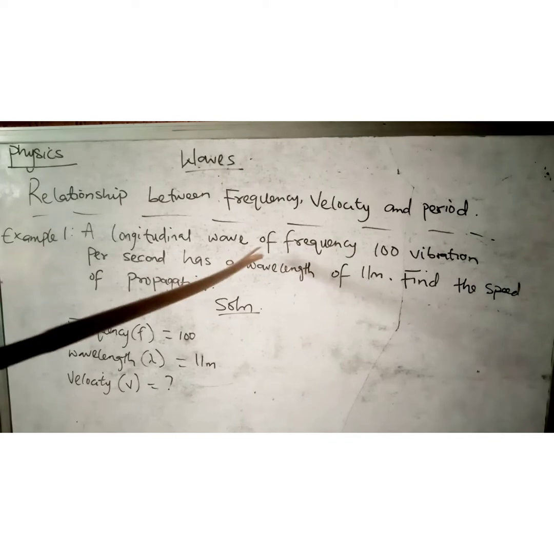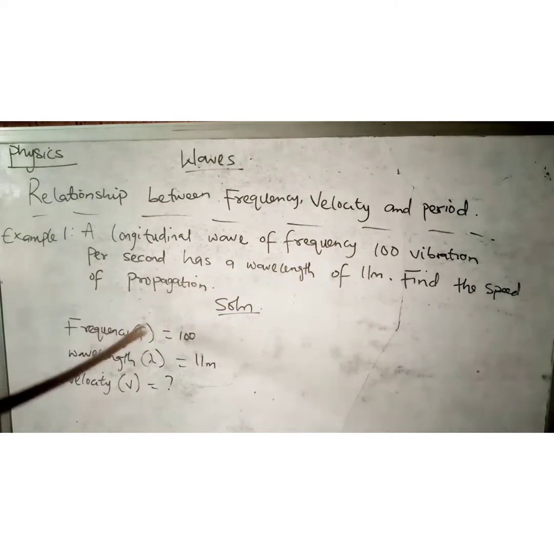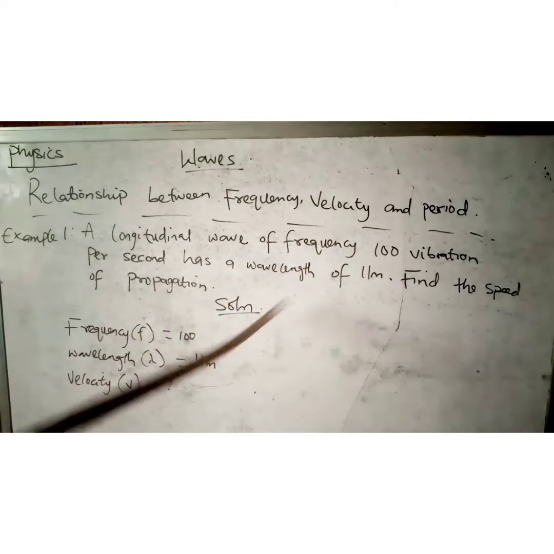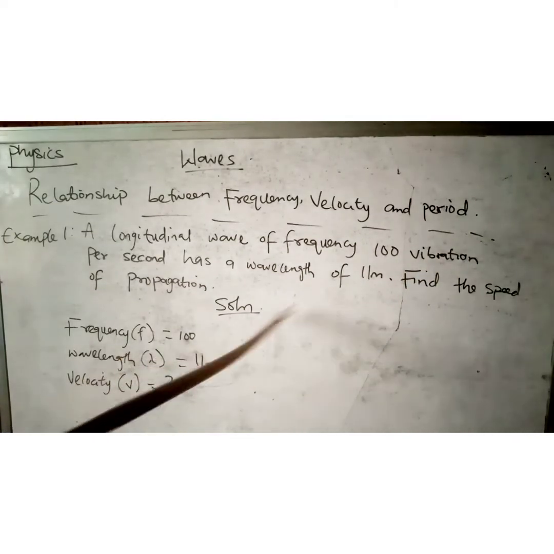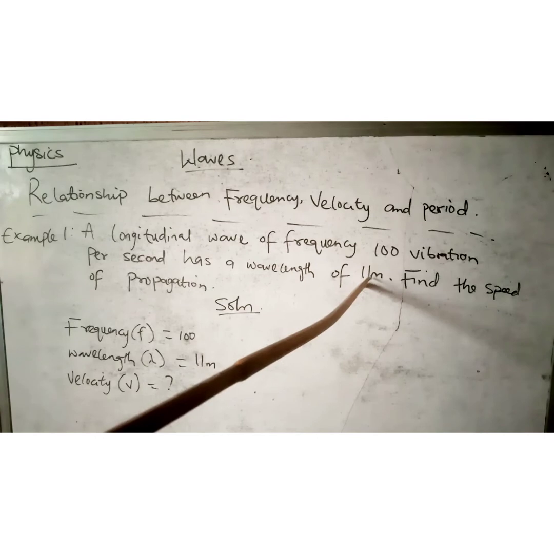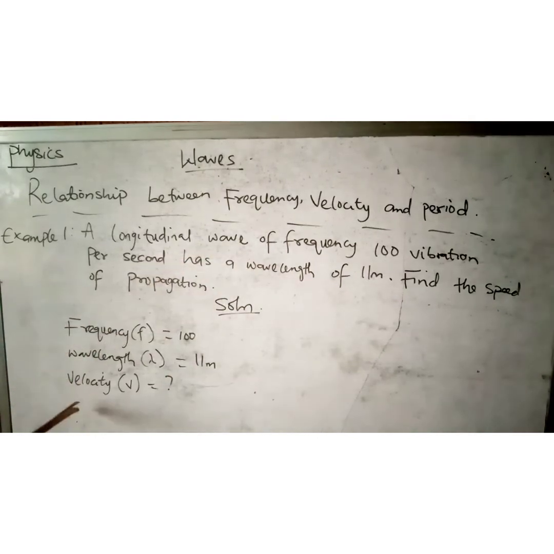From the question, our frequency is 100 vibrations, our wavelength is 11 meters, and we are looking for the speed, which is the velocity, and the symbol is v.